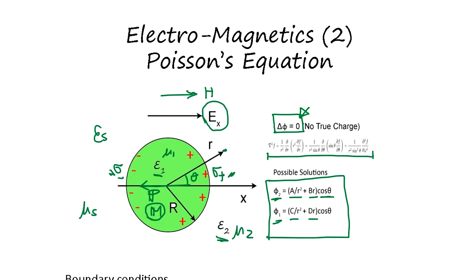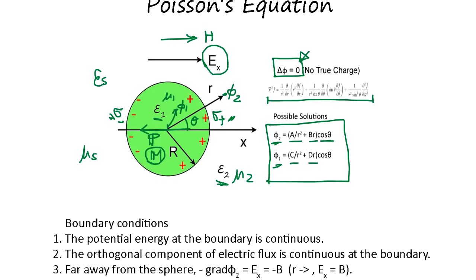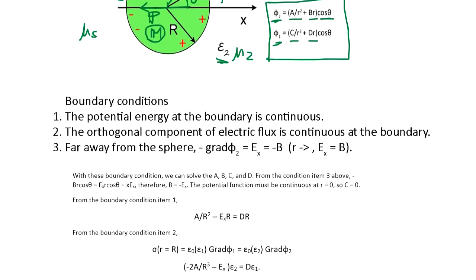If it's outside, it's phi 2; if it's inside, it's phi 1. So we take derivatives and determine A, B, C, D, and that's going to be the solution for this differential equation for this boundary condition.